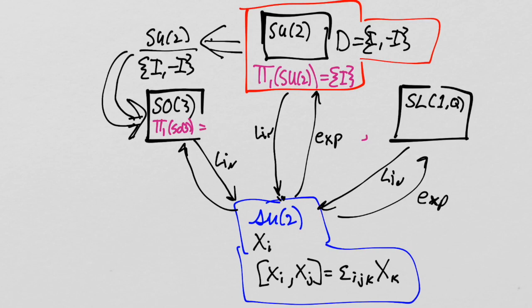It was I, minus I. And that is one of our principles: the topological fact that the fundamental group of SO3 is isomorphic to integers mod 2 happens to be the same as the group theoretical fact that the center, or discrete invariant subgroup, of SU2 is also integers mod 2.